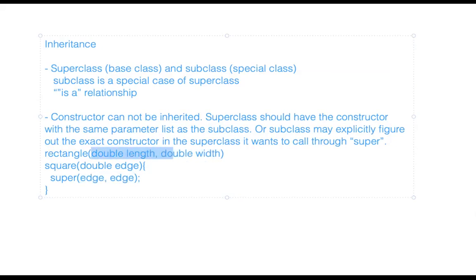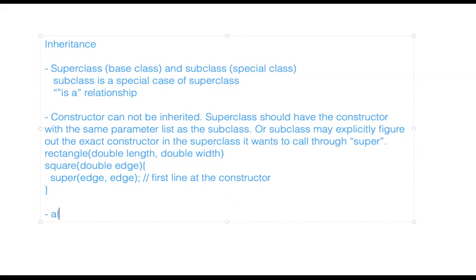So you explicitly figure out which one you want to call. And this time it means that I will call this one, right? And of course, this one should be the first line at the constructor. Okay, so this is the story for the constructor in the inheritance.